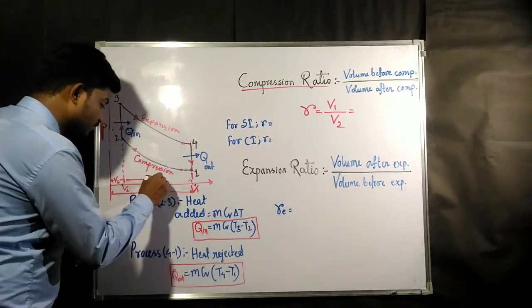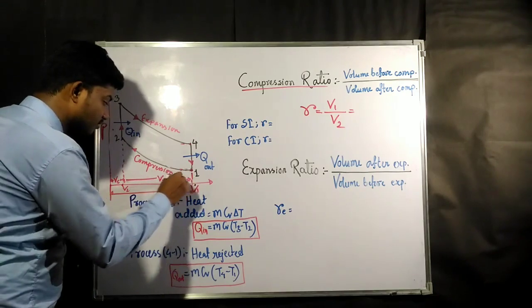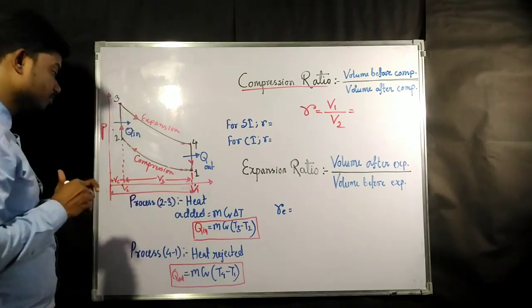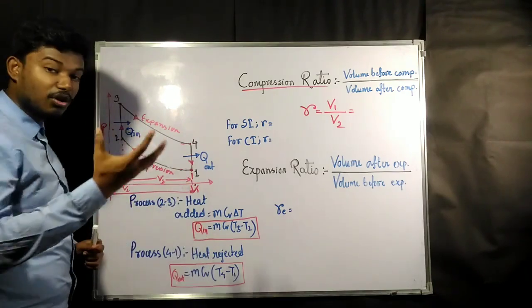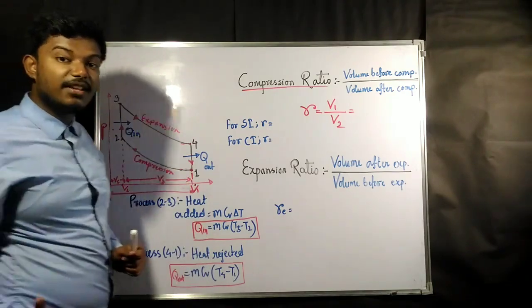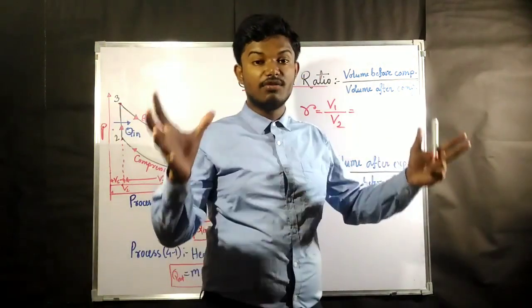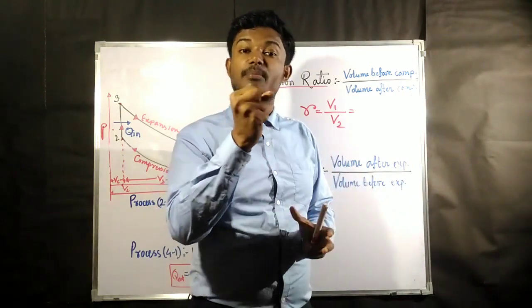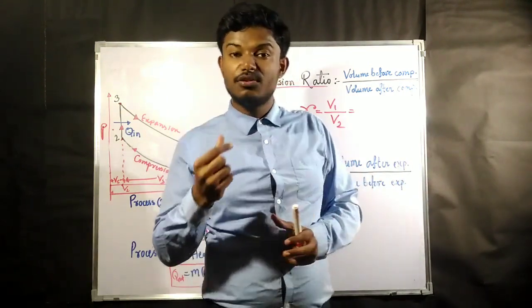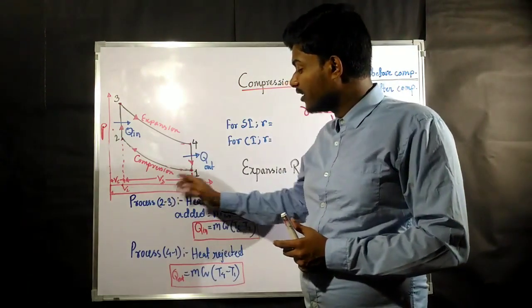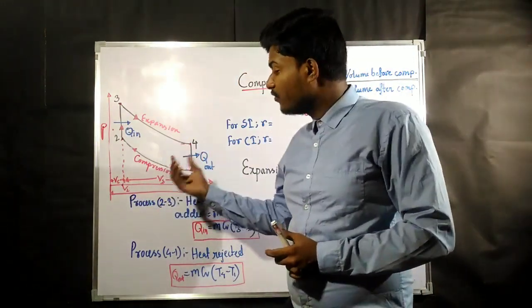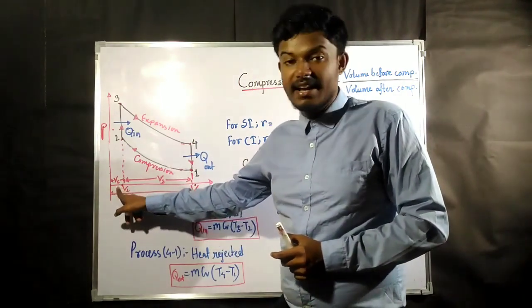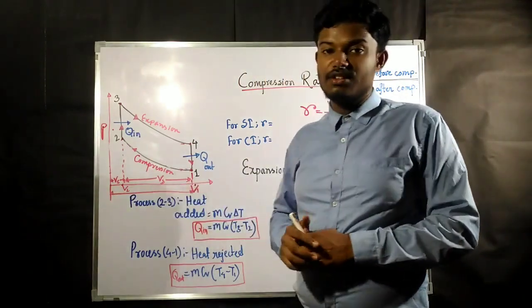The increase of the volume while suction was there is the swept volume, that means how much volume the piston has to cover so that the total volume of the cylinder gets compressed into the clearance volume. The piston has to travel the swept volume so that the air fuel mixture inside it reaches the clearance volume.